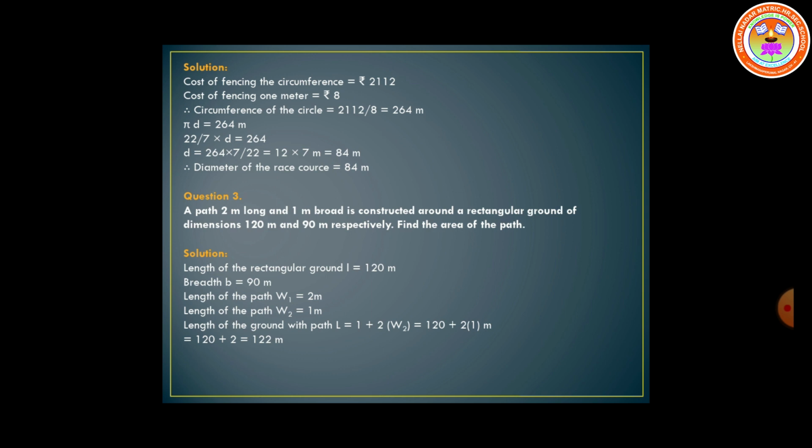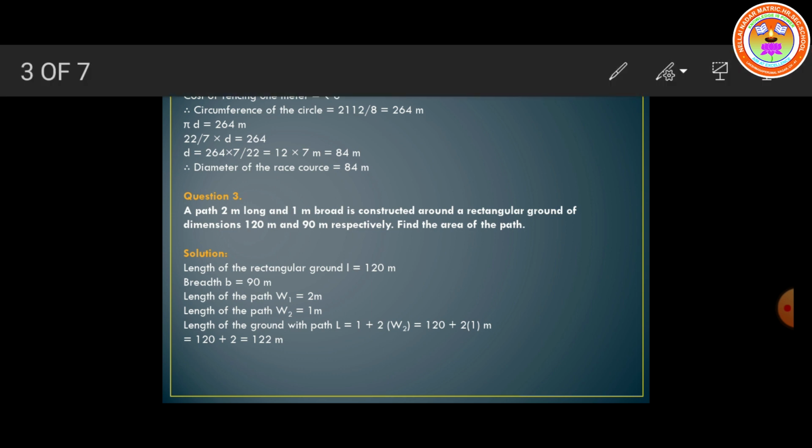Next, how do you find the circumference of the circle? The cost of fencing the race course divided by the cost of fencing per 1 meter. You have to divide that. So, 2112 divided by 8. Can you understand?